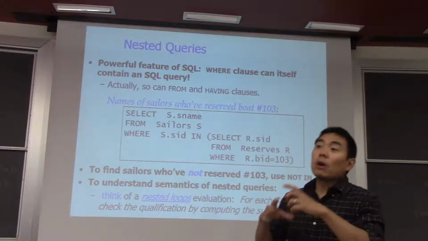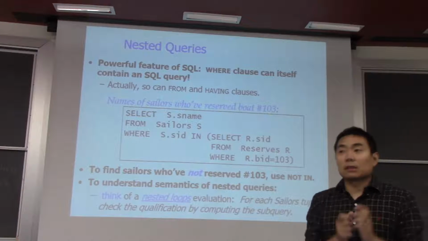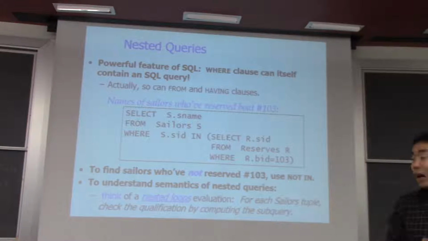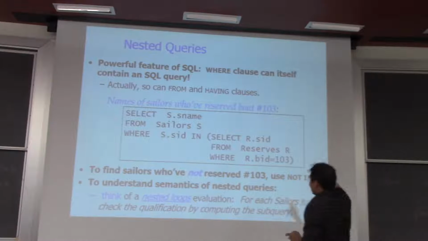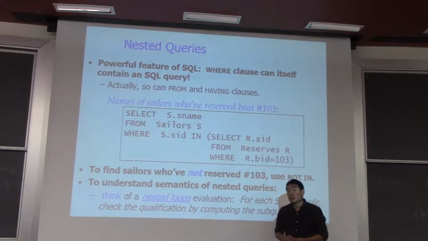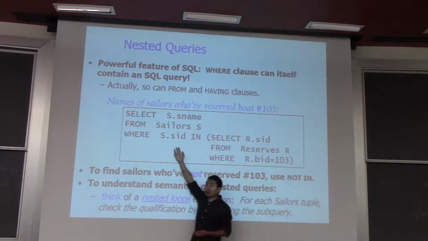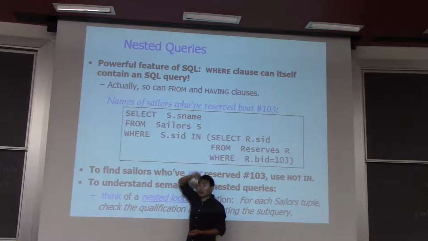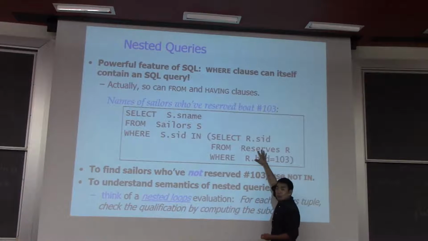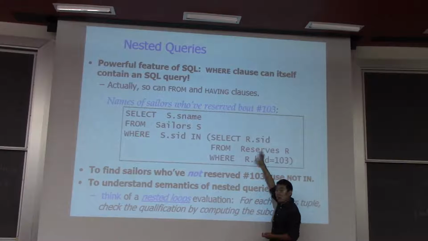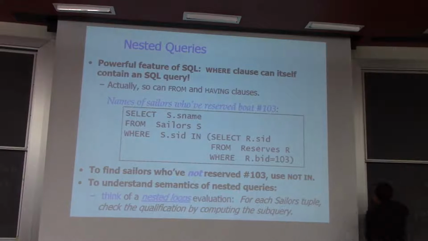optimizers, they will optimize each block independently. In other words, if you submit a query like this, it will optimize this block independently of what you do outside. So this will be executed as it is in a sub-plan.